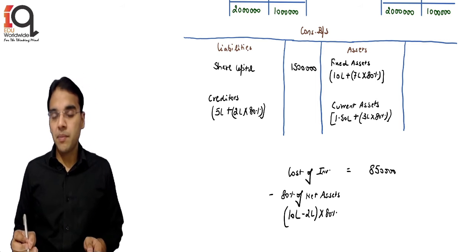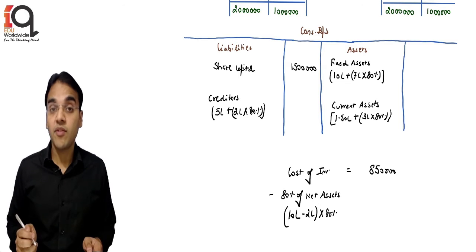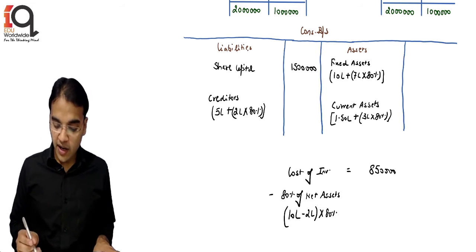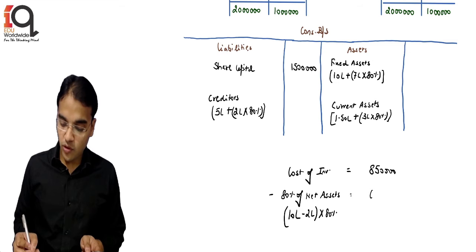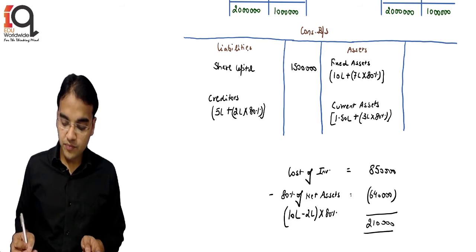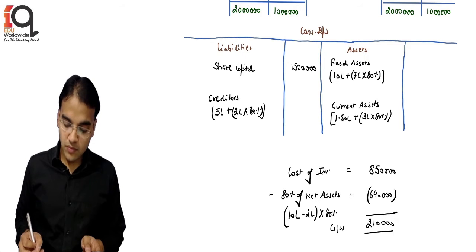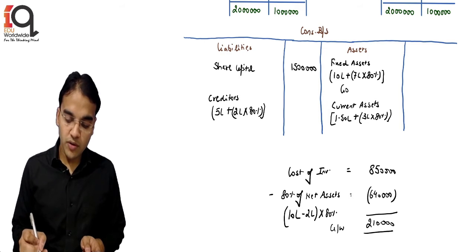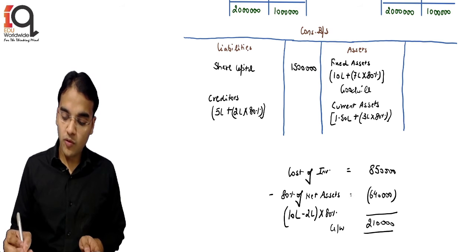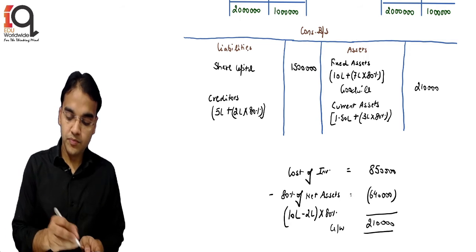So for acquiring 80% of the net assets we have paid 8,50,000. That means 8 lakh into 80%, that is 6,40,000. That is resulting in goodwill of 2,10,000. So here the goodwill will come of 2,10,000.